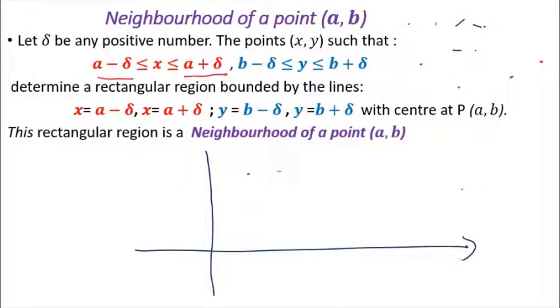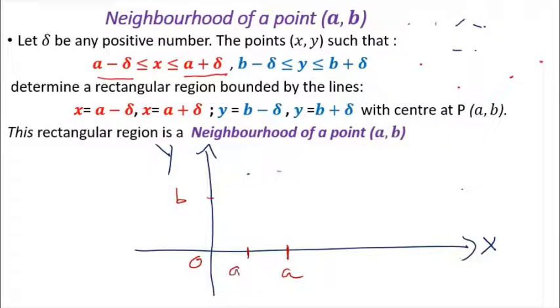I'll take a two-dimensional plane, the xy plane, and on this, this is the origin, and then I'm taking here a, and here I have b. Then I will take delta. For a, I will take a small positive real number delta, instead of epsilon.